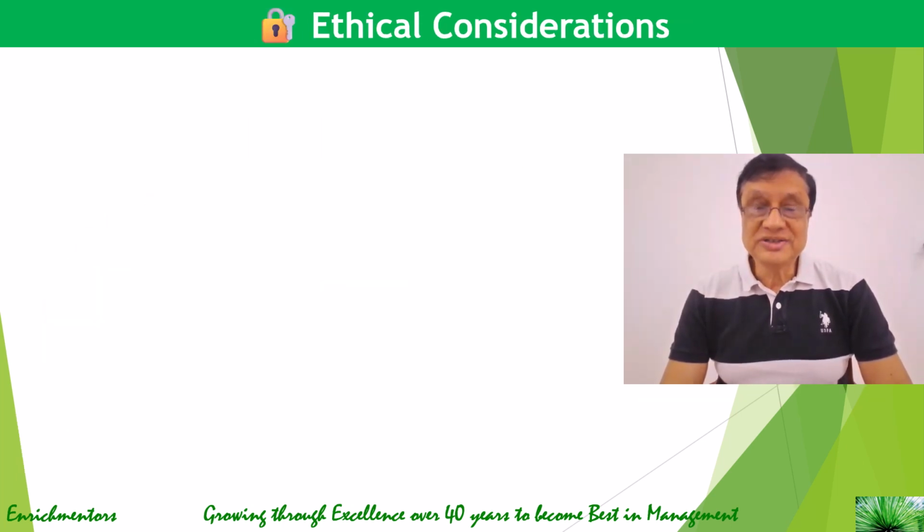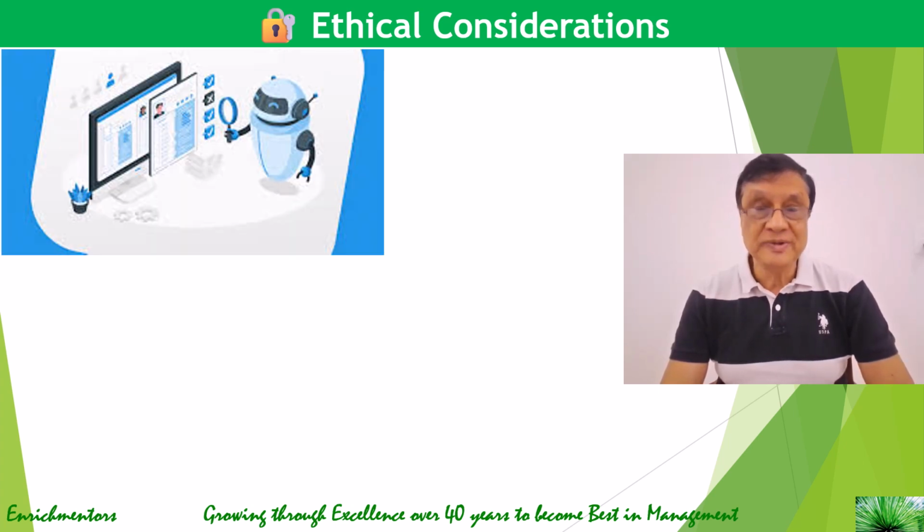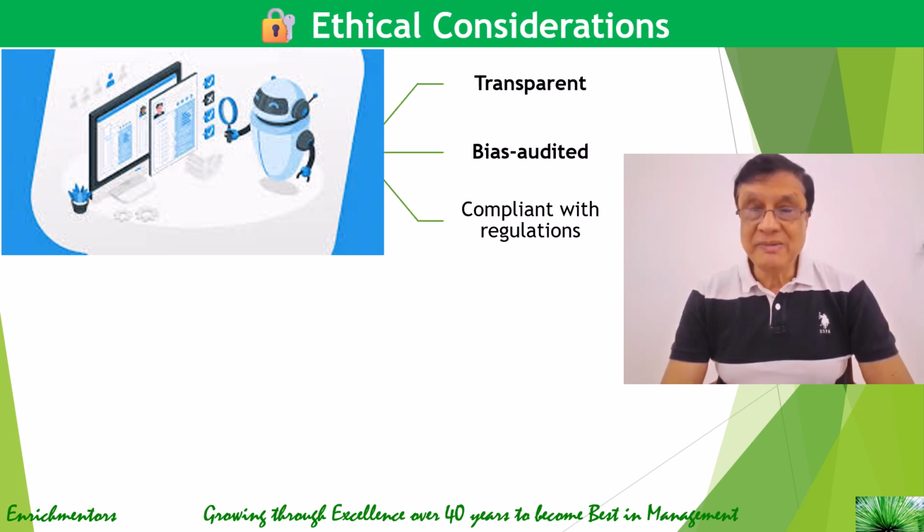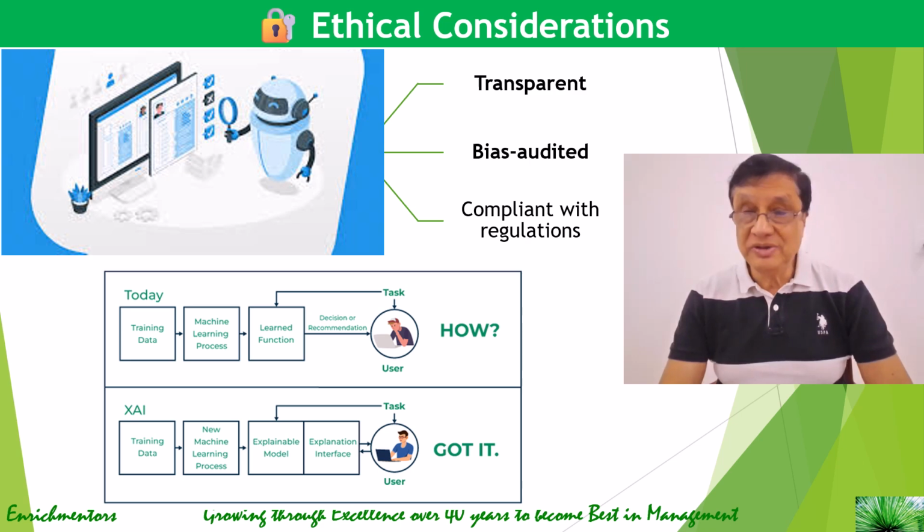While doing this, you also need to keep in mind ethical considerations by ensuring that the AI tools are transparent, bias audited, and compliant with regulations like EEOC and GDPR. To take care of the ethical considerations, use what is called explainable AI, XAI, where possible.